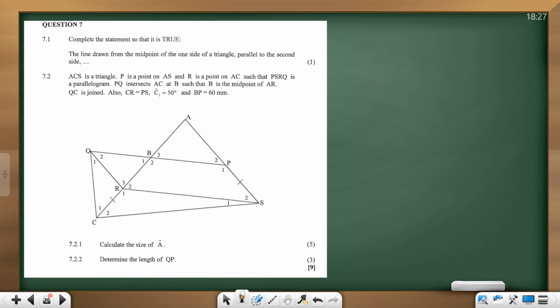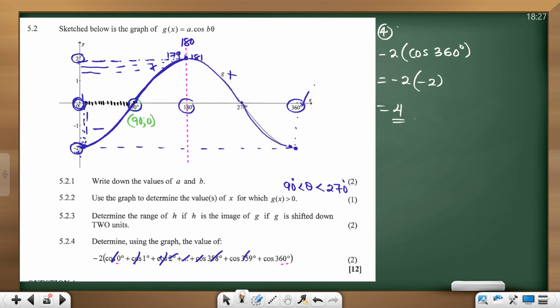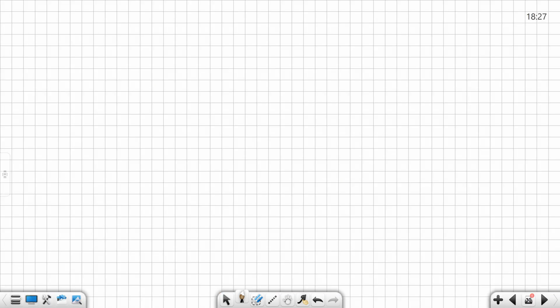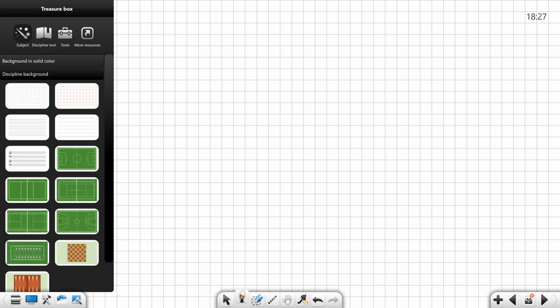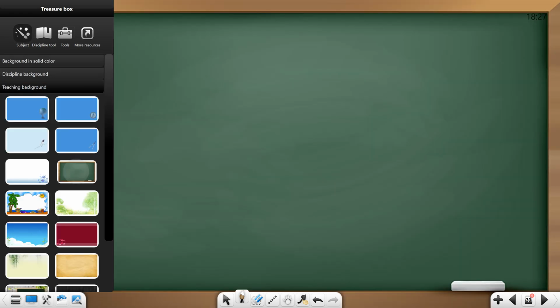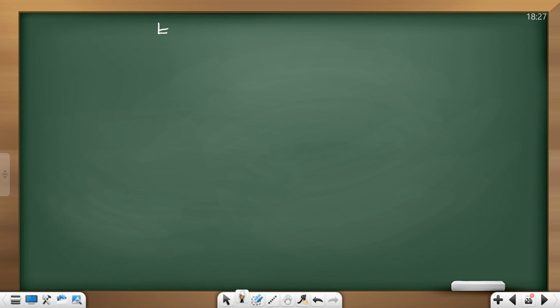Okay, quickly let's look at this now. This is your Euclidean geometry. The main thing is to prove what? That's the main thing. So what are the properties of a parallelogram? Basically, we're looking at a parallelogram.